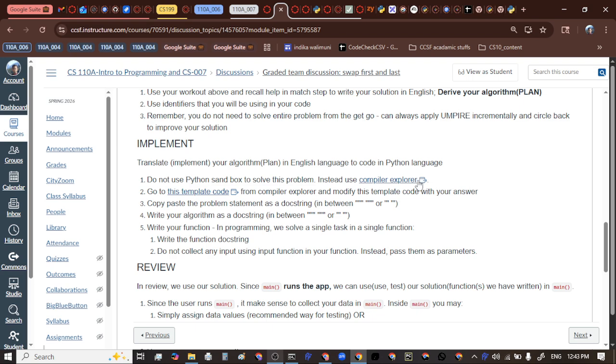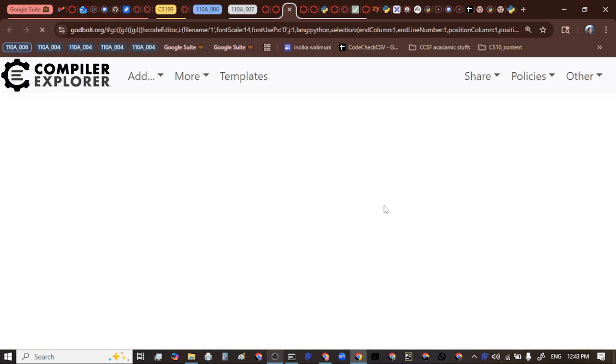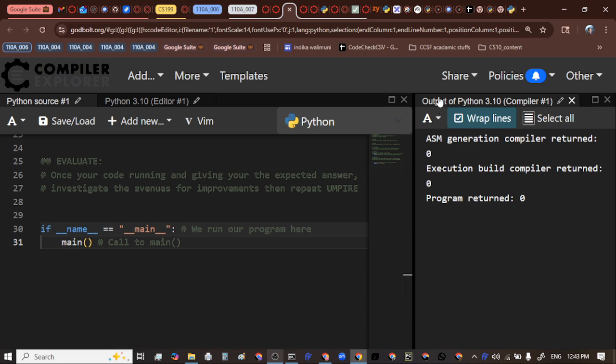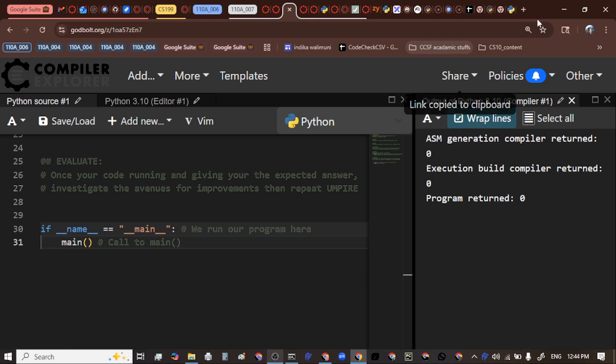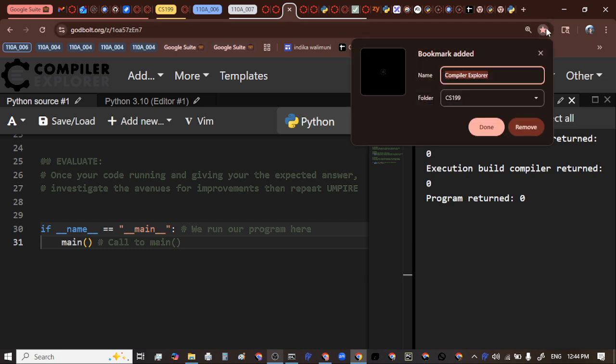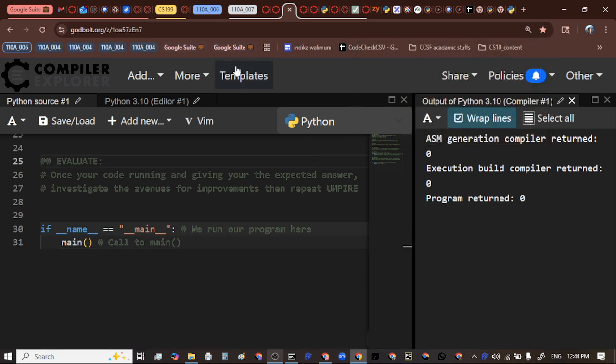So use Compiler Explorer. This is how you do it: you code it over here, click the share button, and copy the short link. Once you get the short link, you should bookmark it as well, because it's your own link, so you can come back to this code if you save it. Okay.